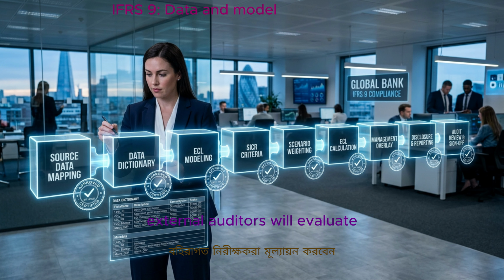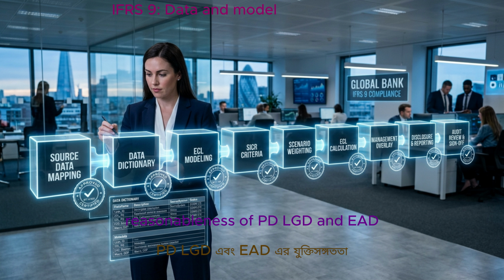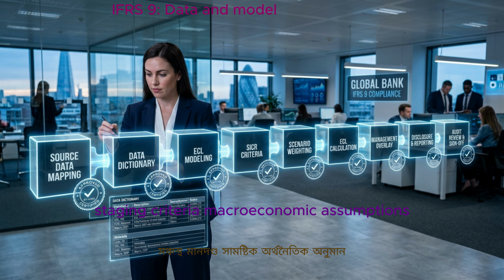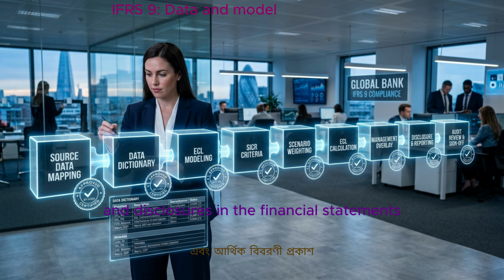External auditors will evaluate whether the ECL provision is reasonable and compliant with BFRS 9. They may test the completeness and accuracy of data, reasonableness of PD, LGD, and EAD, staging criteria, macroeconomic assumptions, scenario weighting, collateral valuation, management overlays, and disclosures in the financial statements.